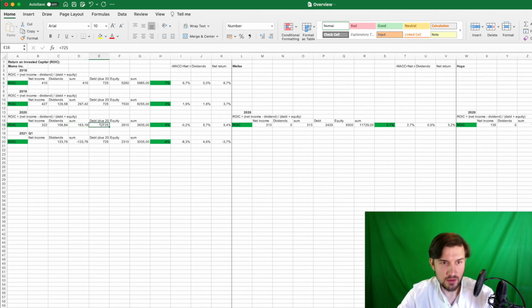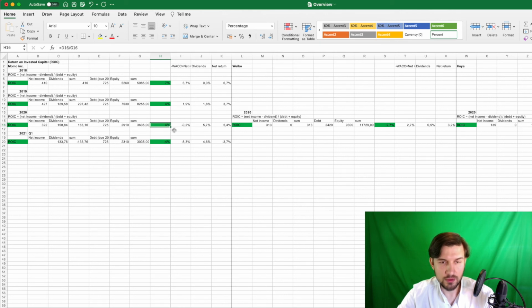We have again debt and again equity, as in the previous calculation for weighted average cost of capital, and we sum debt and equity together. Then we have a very simple calculation. We divide the net income after paying dividends by equity plus debt, and we get a return on invested capital of 4%.